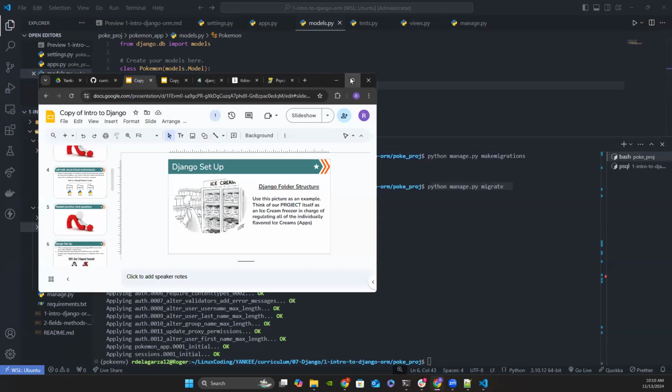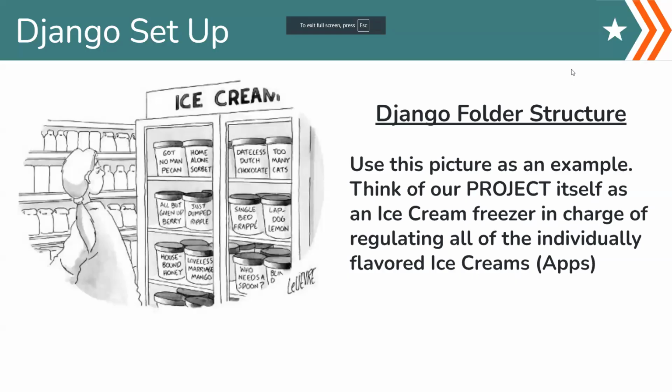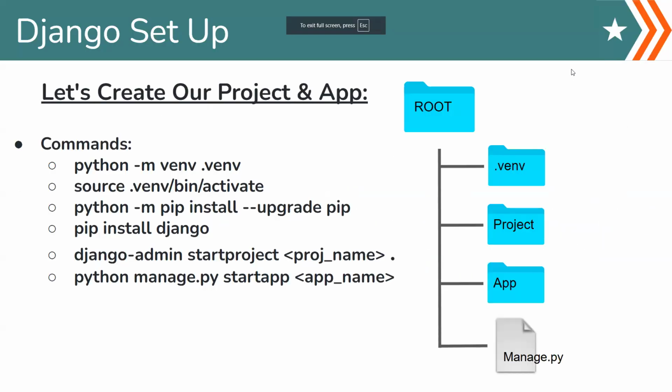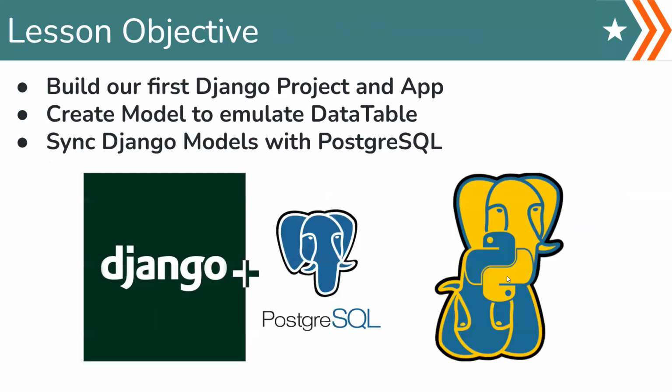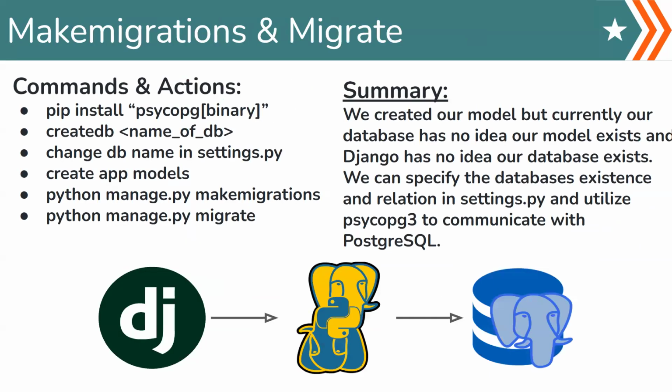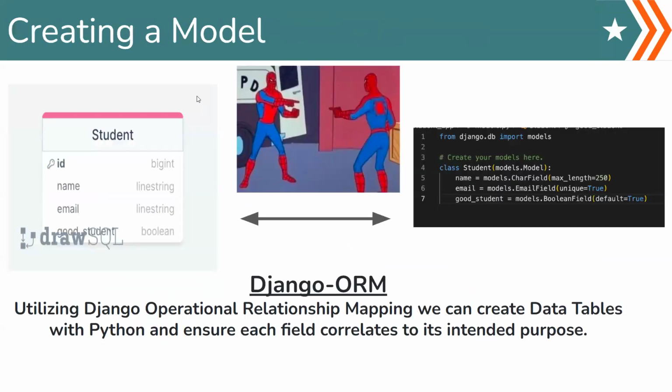All right, back to our slides. We talked about the setup, the way our directories are made, .env, project, applications. We talked about creating our database and getting them connected. We created our model, right?